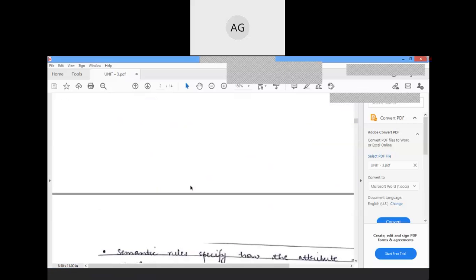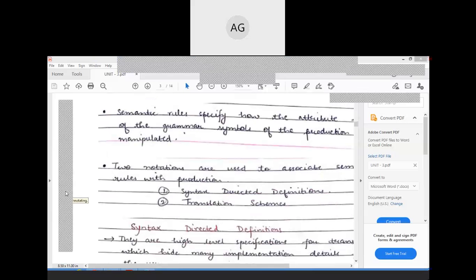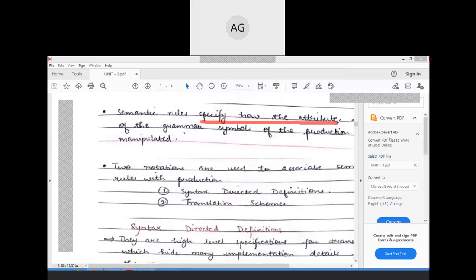So moving on, semantic rules. Now we are going to study the semantic rules. Semantic rules specify how the attributes of the grammar symbols of the production are manipulated. So these are the rules which specify how the attributes of the grammar symbols behave in syntax directed translation.